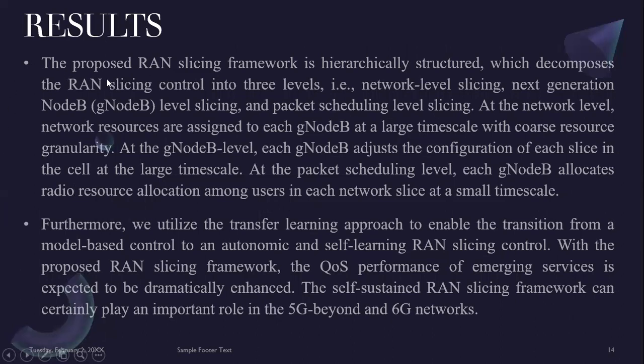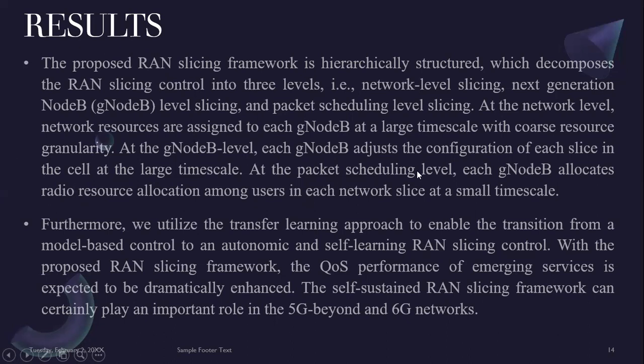Results. The proposed RAN slicing framework is hierarchically structured, which decomposes the RAN slicing control into three levels, that is, the network level slicing, next generation NodeB level slicing, and packet scheduling level slicing. At the network level, network resources are assigned to each GNodeB at a large time scale with coarse resource granularity. At the GNodeB level, each GNodeB adjusts the configuration of each slice in the cell at a large time scale.